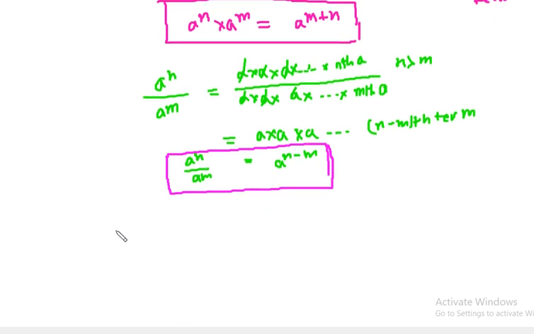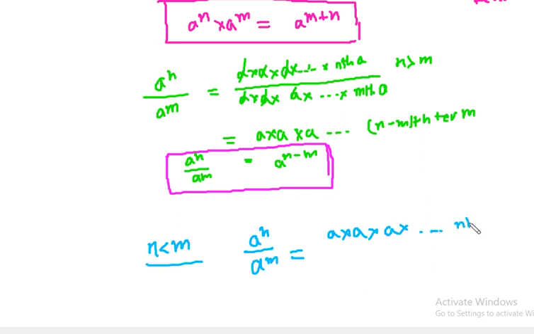Now let us say that n is less than m, and we are dividing a to the power n by a to the power m. So a to the power n means a into a into a dot dot dot up to the nth term, and a to the power m means a into a into a dot dot dot up to the mth term.